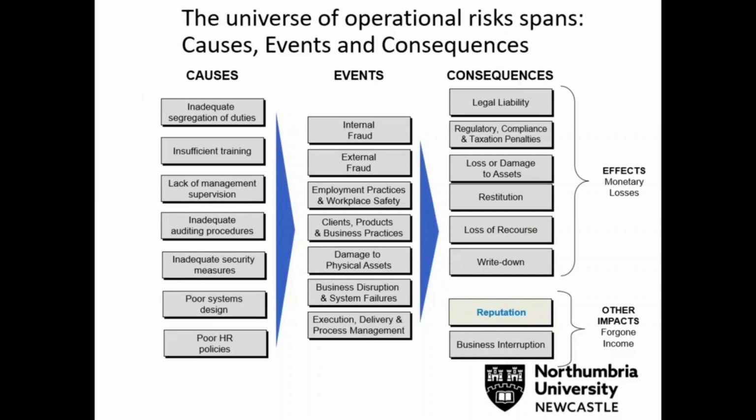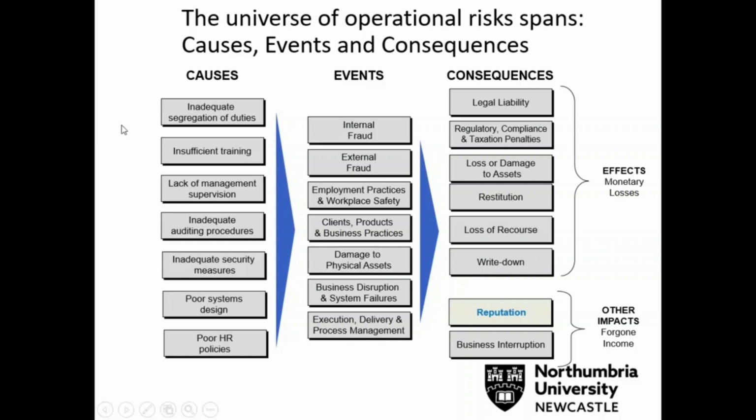Here's just a diagram that might give you an idea of what may cause operational risk in the first place, the type of events, as you can see the seven outlined by Basel, and if these happen, what does that actually mean from a consequence point of view.